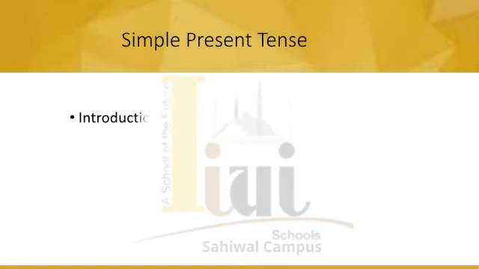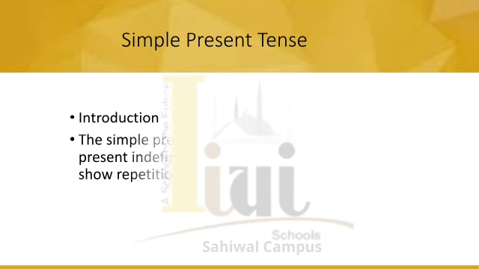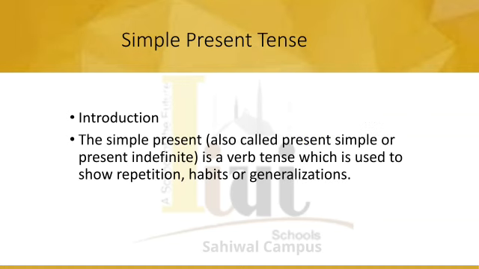Simple present tense. Introduction. The simple present, also called present simple or present indefinite tense, is a verb tense which is used to show repetitions, habits, or generalizations. It's basically a verb tense which is used to show repetition, like he keeps smiling. It's a repetition.